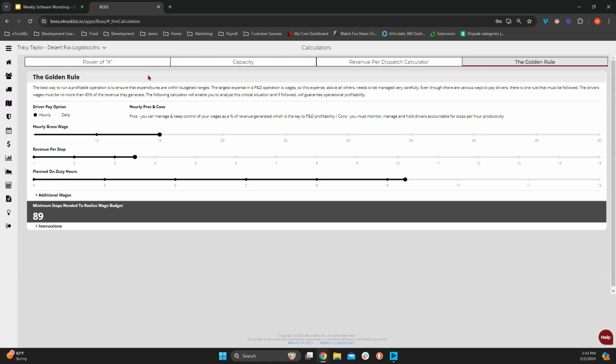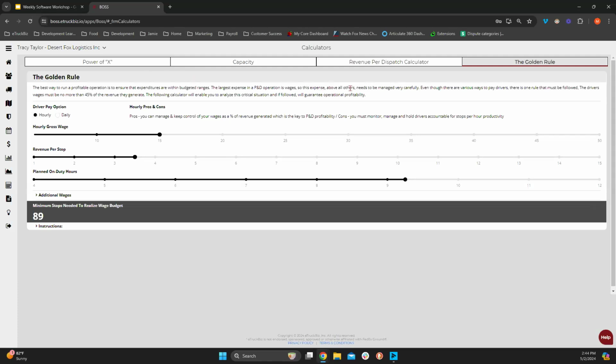Those of you who are unaware, they want you to stay at or below 45% of your revenue going towards wages. In some cases, it might be way lower than that, because, say, your drivers have a lot of windshield time. They run a lot of miles, so you want that goal to be a little bit lower because of the time they're behind the wheel.